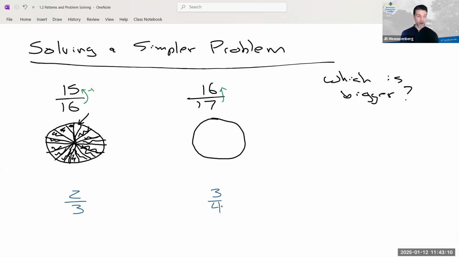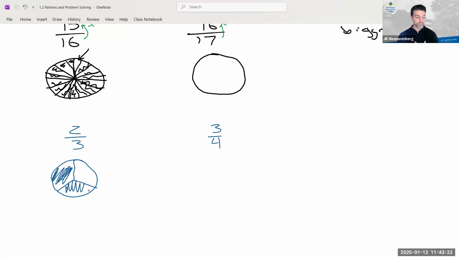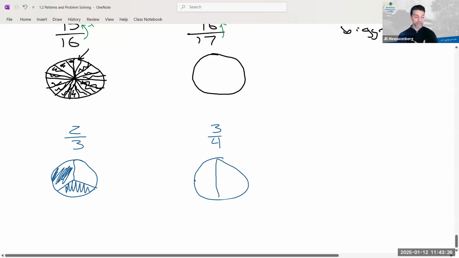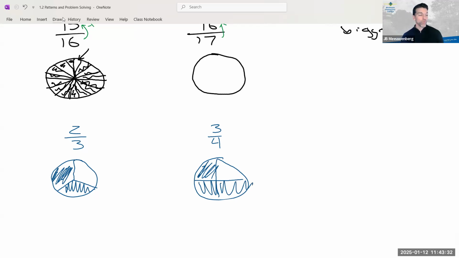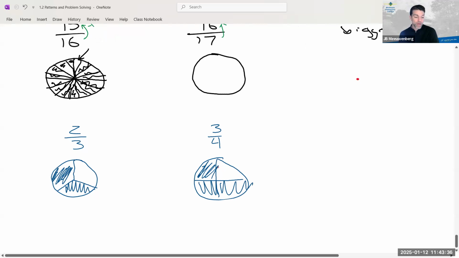A much simpler problem. Which of these fractions is bigger? Well, it's easy to draw a picture of what 2/3 looks like. I cut my circle into 3 sections, and I shade 2 of them. If I draw 3/4, I cut it into 4 sections, and I shade 3 of them. So which of these is bigger should become apparent to you.